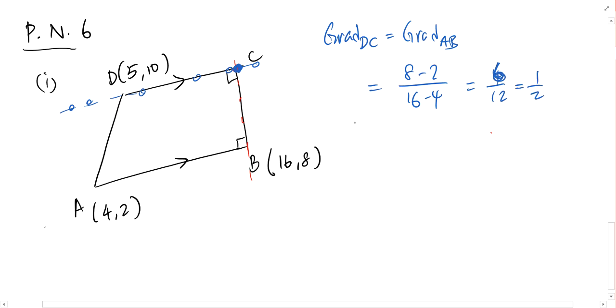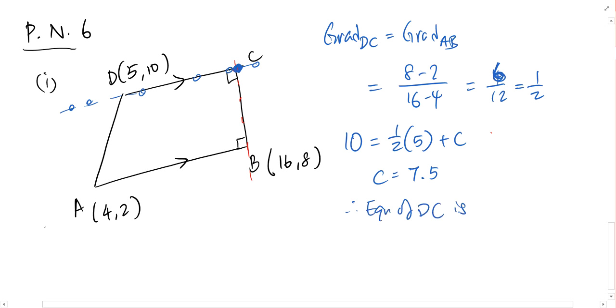So I substitute that to find the equation of DC. So 10 equals to half times 5 plus C. C equals to 7.5. So equation of DC is y equals to half x plus 15 over 2.